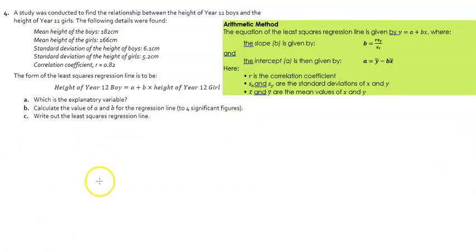Now we're going to have a look at the questions that I'm assuming that a few of you had trouble with. And it's to do with using the arithmetic method to get the values of A and B for the regression line, and try to figure out what it is that you need to do to get these values.